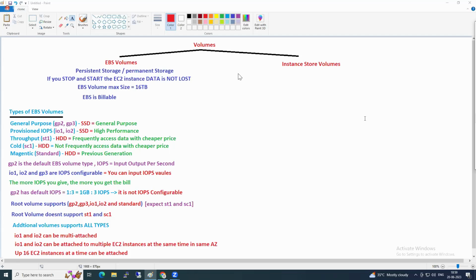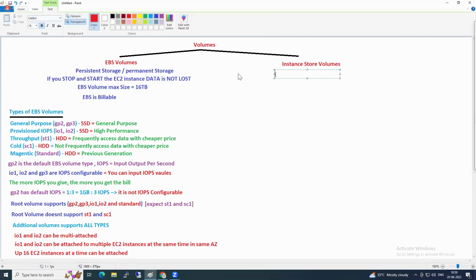EBS volumes are persistent storage, permanent storage, whereas instance store volumes are temporary storage. That means not persistent storage.